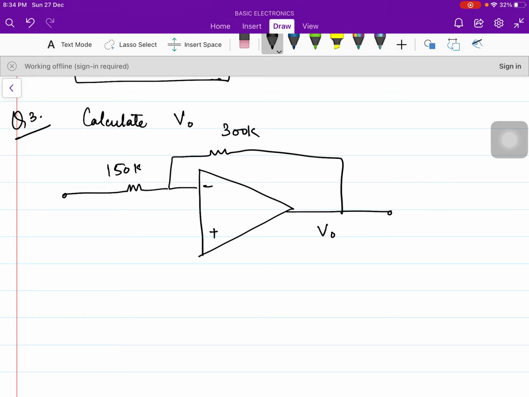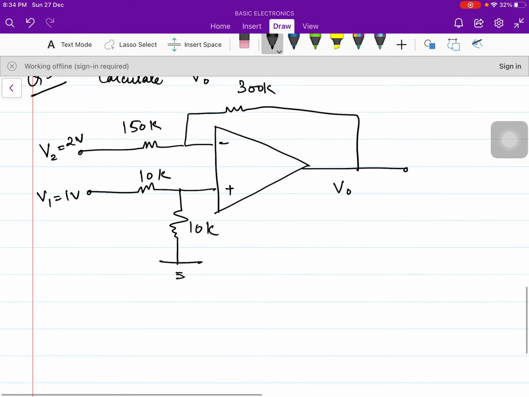You yourself have to identify that the circuit is of difference amplifier, that is subtractor or adder. Then again 10K, again 10K, and V1 equals 1 volt.